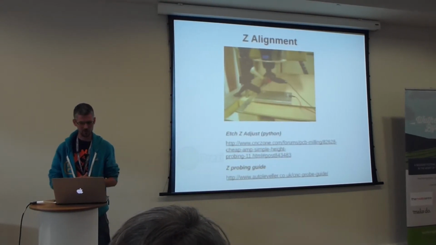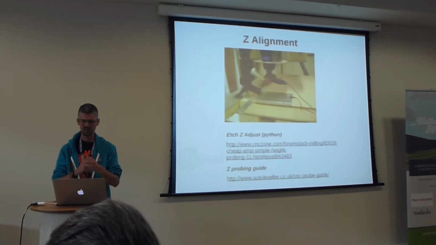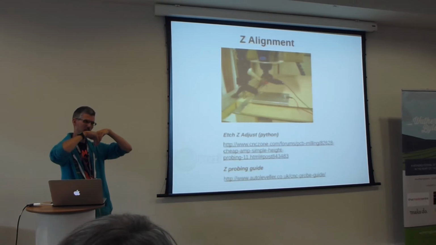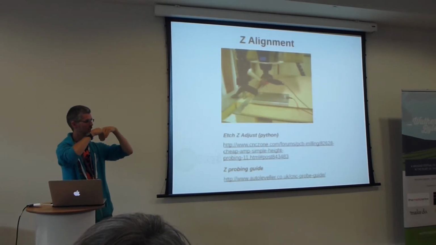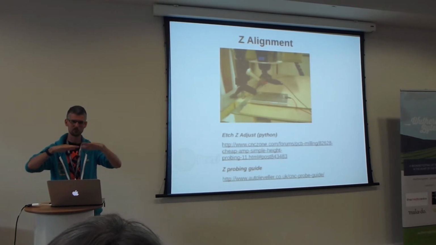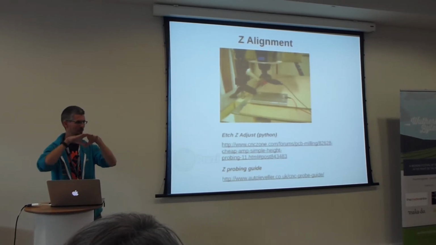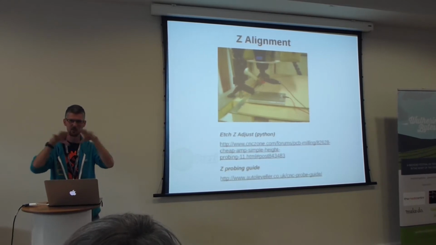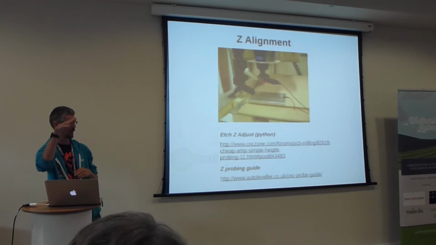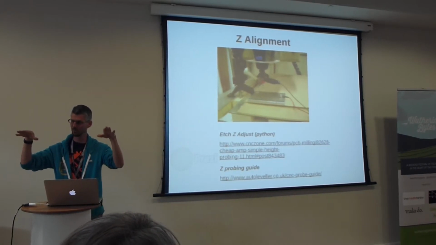And another thing that you might have problems with if you're doing stuff on PCBs, because you're working on very thin layers of copper on the top and you're working with very fine bits, you need to be working relative to the top of the surface really, rather than relative to the bed. And because FR4, this kind of PCB material, is usually a bit bent, and especially if you're clamping it down, there'll be bits that are slightly higher at the top and bits that are a bit lower around the bottom.